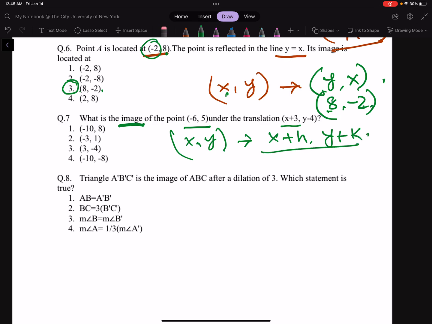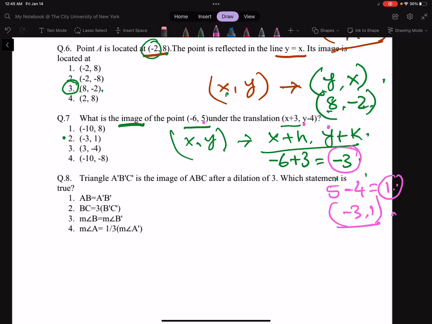Now our x is negative 6, our h is positive 3, so it becomes negative 3. Only one choice has that value. However, y is 5, and with the negative 4, that gives us 1. So it's negative 3 and 1, that's the image after transformation. So number 2 is the answer. That's translation. All right.